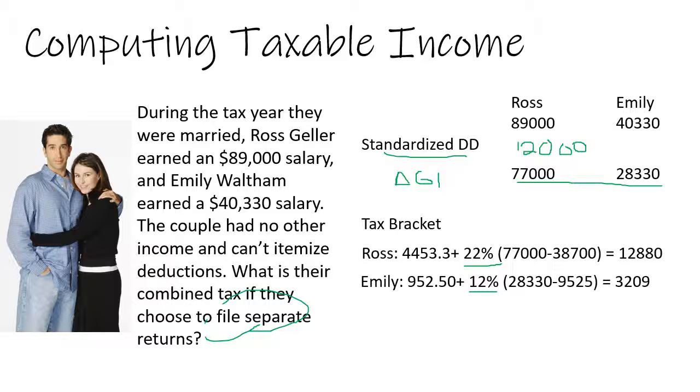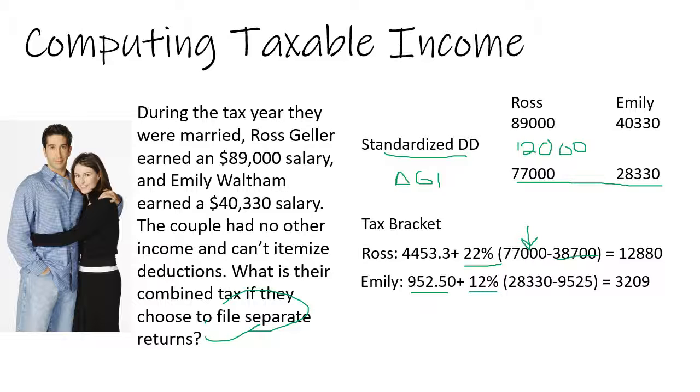For Ross, it's the tax base of $44.53 plus 22% of the difference between Ross's AGI and the taxable base. Same thing with Emily. We have the taxable base plus 12% of her AGI minus the taxable base.